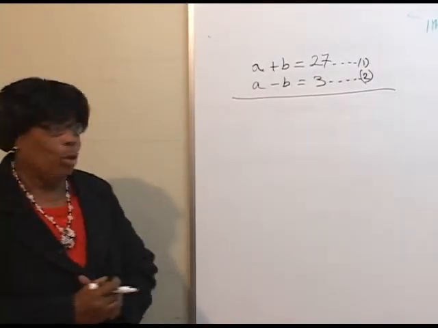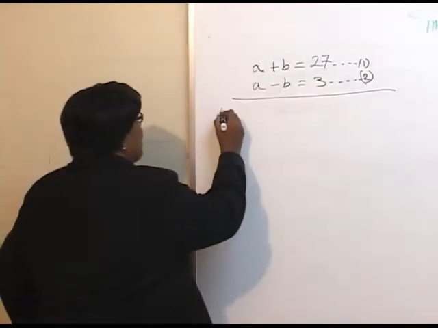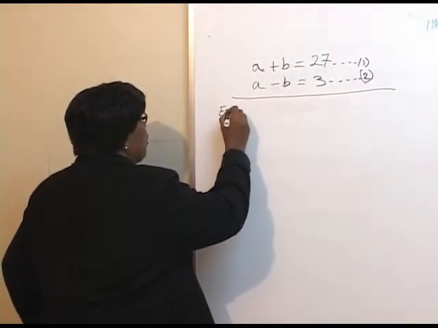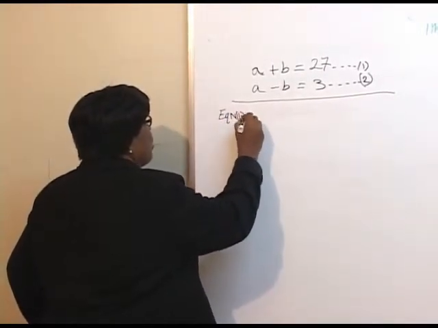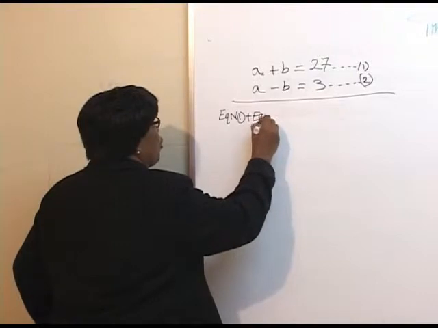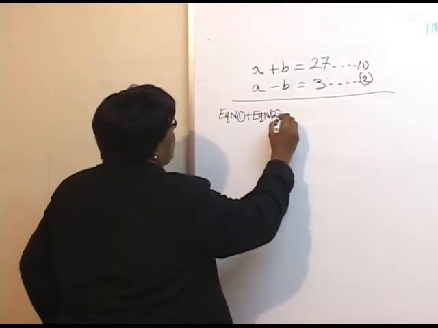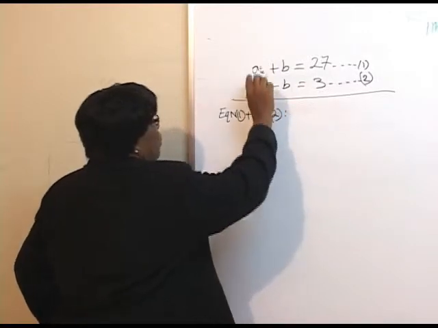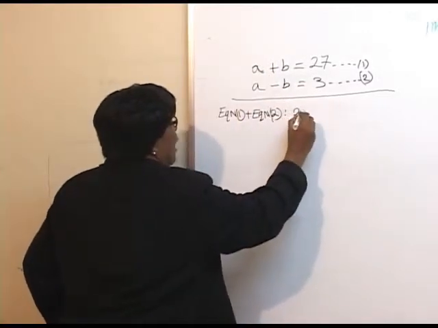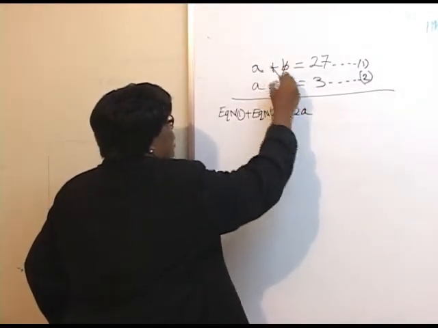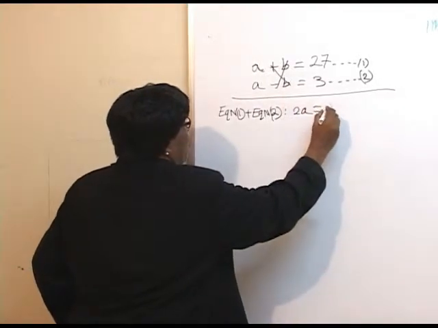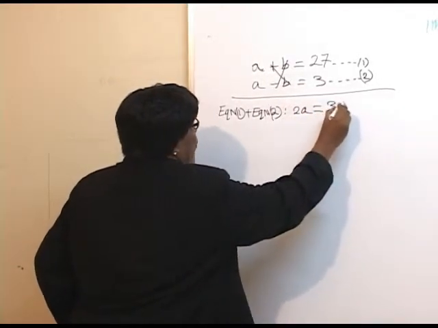Isn't that true? So again, we are saying equation 1 plus equation 2, and that would be equal to A plus A, which gives me 2A. The B's would disappear, and it's now equal to, if we add it, 30.